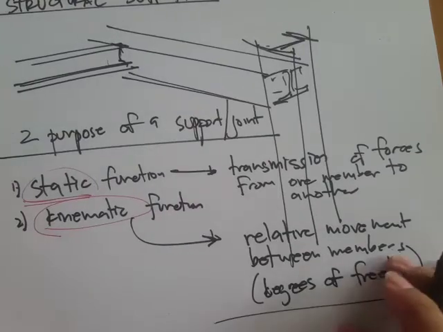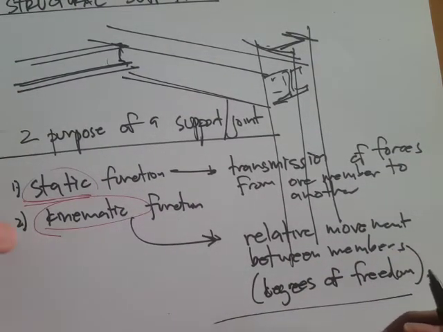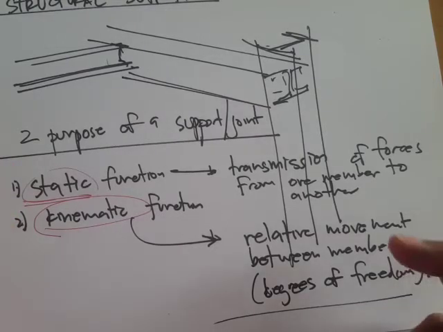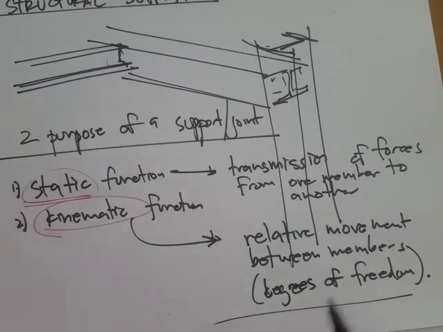Okay, so static function is about forces, whereas kinematic is about movement. If you recall in engineering dynamics, that at least gives the idea of what it should be about. So this should be about the relative movement between the members.